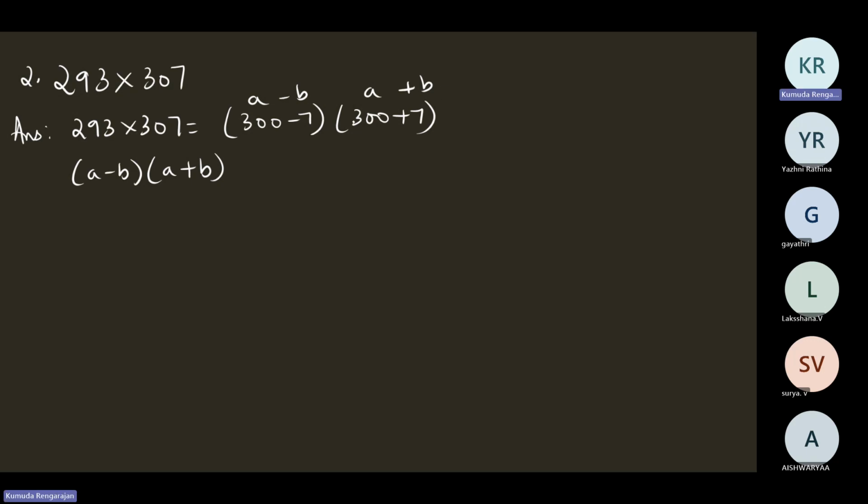Both the brackets must have the same terms. In one bracket connected by the plus sign, the other bracket connected by a minus sign. So here in both the brackets, we have 300 and 7. In one bracket separated by a minus sign, the other bracket separated by a plus sign. So it's of the form (A minus B) into (A plus B).